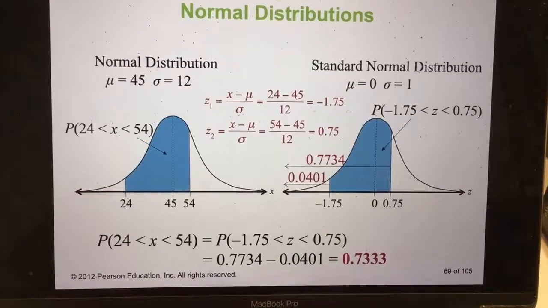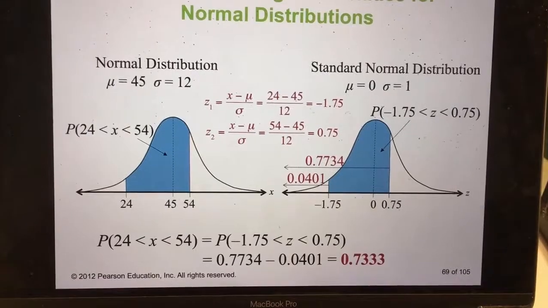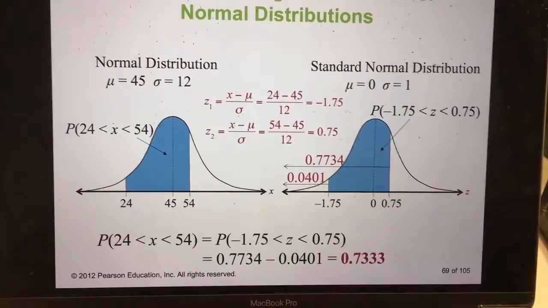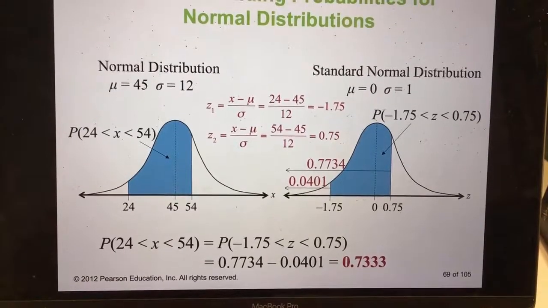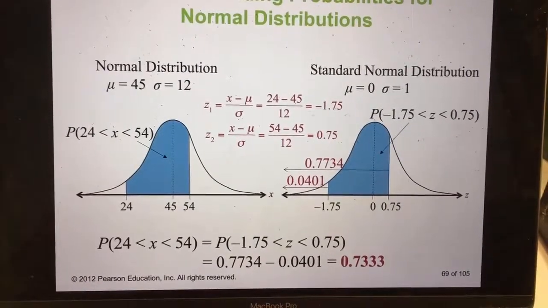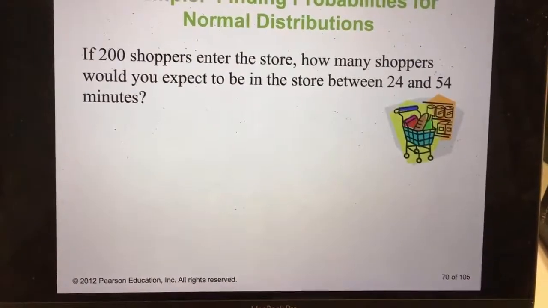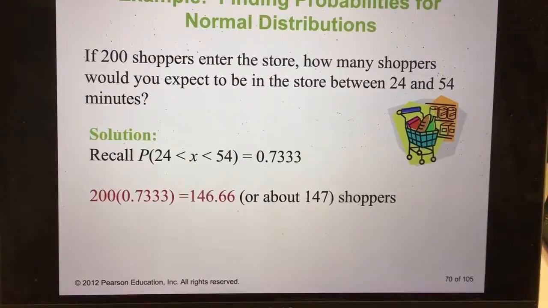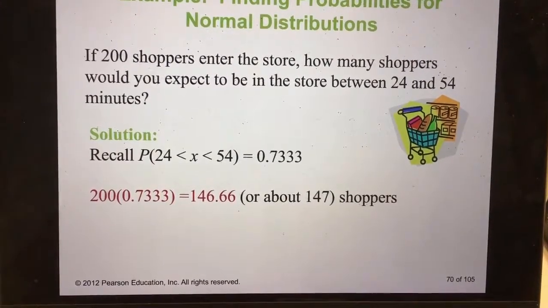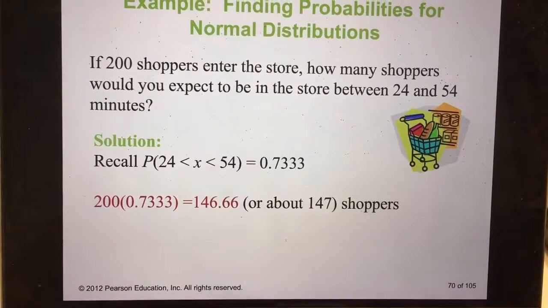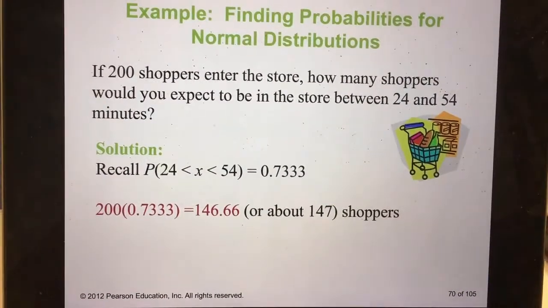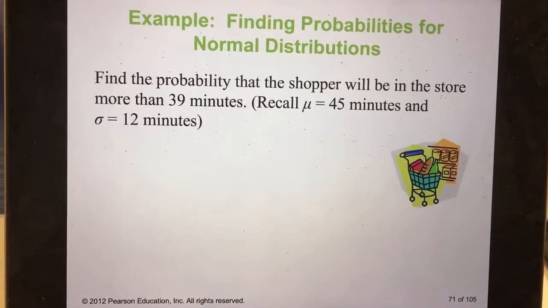We found the probability of a random shopper was 73% probable of staying that time. So we take the 0.7333 and multiply it by the 200 shoppers, and that would give us about 147 shoppers in the store from 24 to 54 minutes.